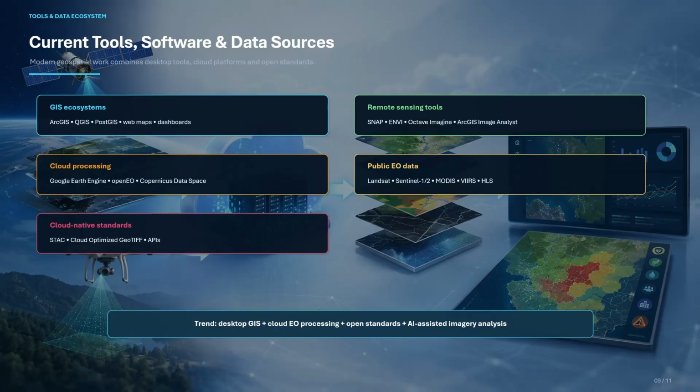Public data sources include Landsat, Sentinel-1, Sentinel-2, MODIS, VIIRS, and Harmonized Landsat Sentinel products. Today, cloud native standards such as STAC and cloud optimized GeoTIFF are becoming very important because they help users discover and process very large Earth observation datasets without downloading everything locally. AI is also becoming more common for classification, object detection, and change analysis.